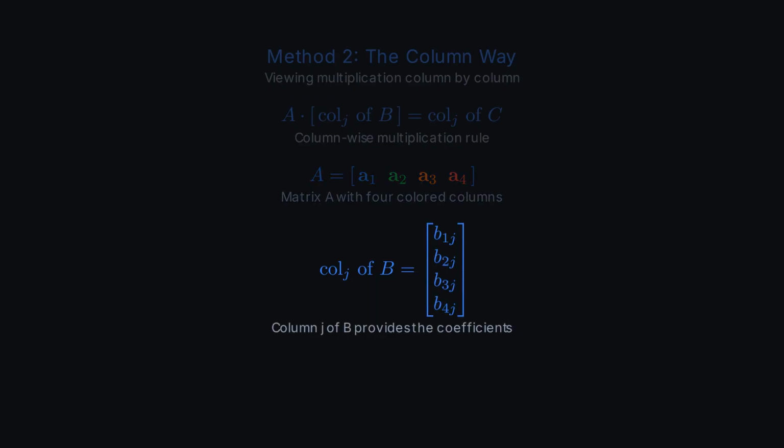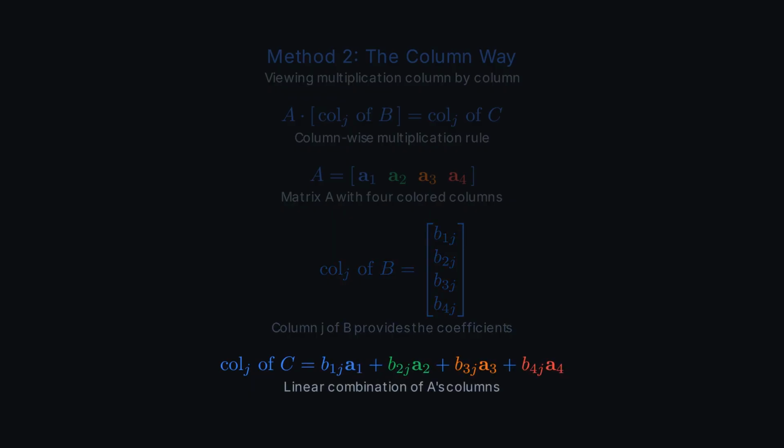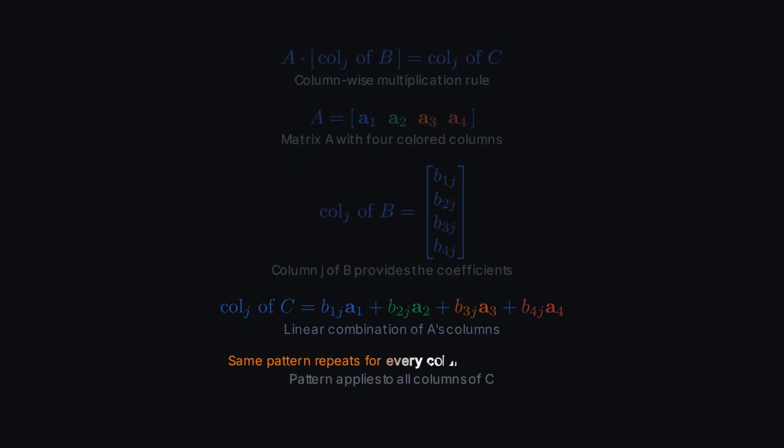What does that mean? A linear combination scales each vector in a set by a coefficient, then adds them all together. Specifically, column j of C equals B1j times column 1 of A plus B2j times column 2 of A plus B3j times column 3 of A plus B4j times column 4 of A. The coefficients come directly from the entries of column j of B. So each column of A gets scaled by the corresponding entry in that column of B, and then we add them all up.